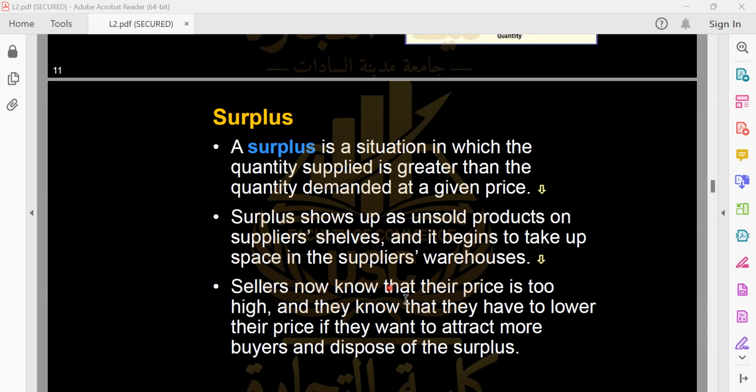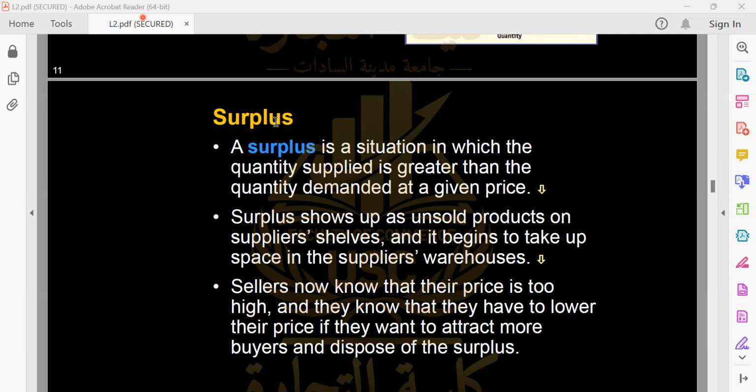Sellers now know that their price is too high, and they have to lower their price if they want to attract more buyers and dispose of the surplus. So if I want to get rid of this surplus, I should lower the price.